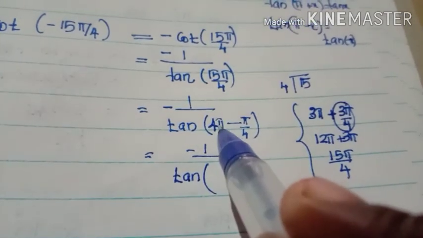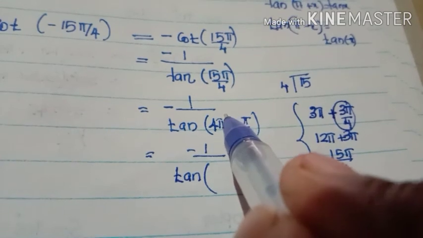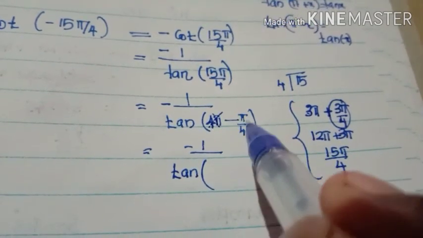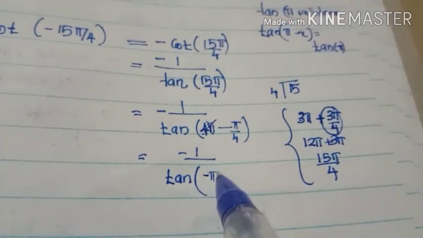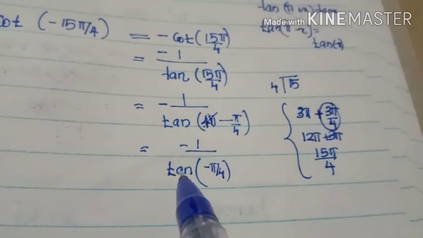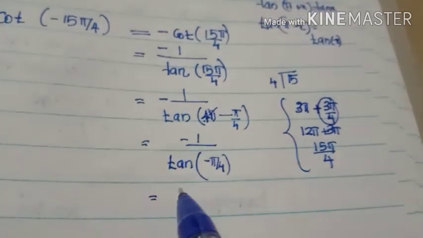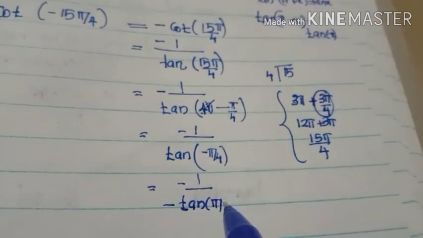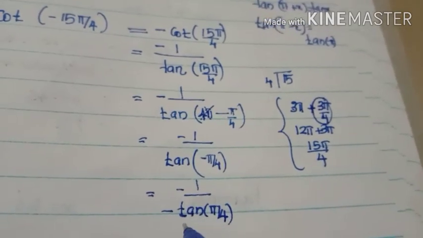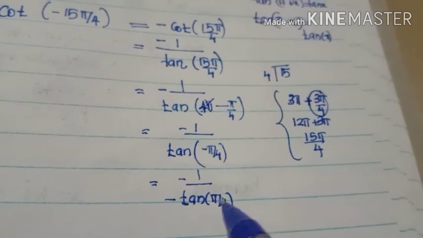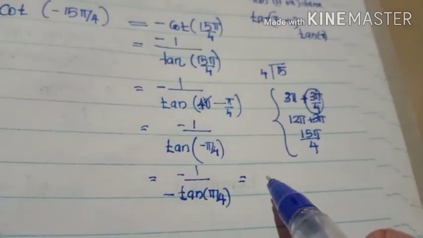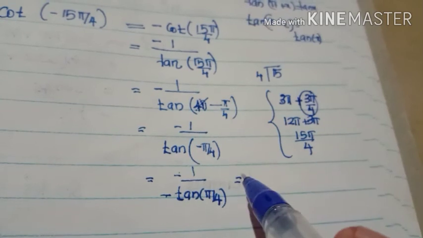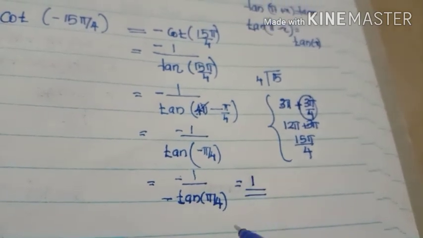It is the rotation of pi, 2 pi, 3 pi, so you have to avoid it and take the acute angle, minus pi by 4. Again, tan of a negative angle is negative of tan pi by 4. What is tan pi by 4? Tan pi by 4 means tan 45. Tan 45 is 1. Negative into negative is positive. So the answer is 1.